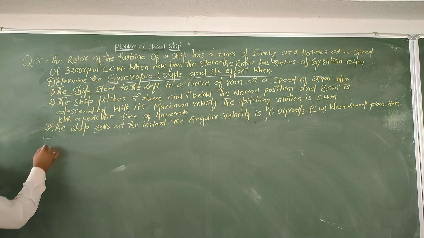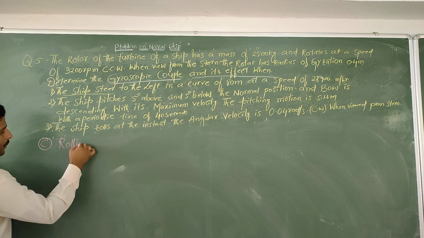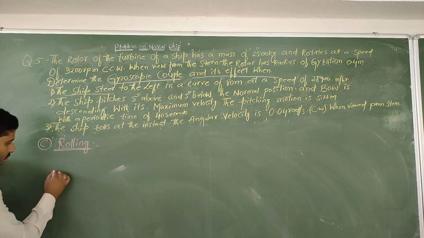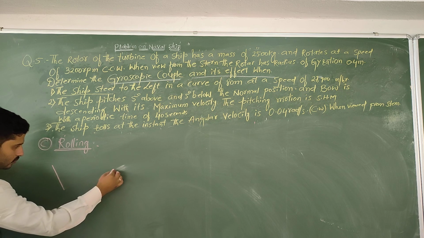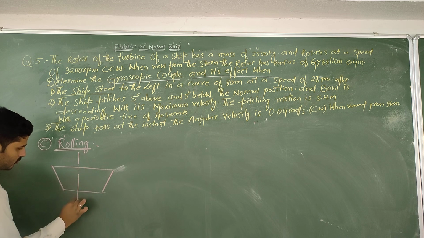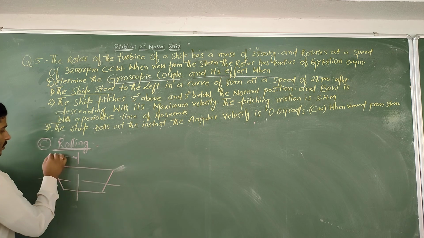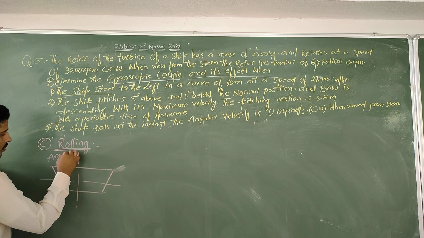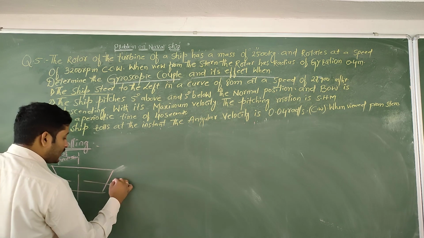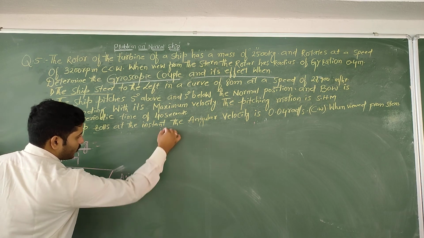Third condition, rolling. The vertical axis we can say is the axis of precession, and the horizontal axis we can say is the axis of spin, you know very well.